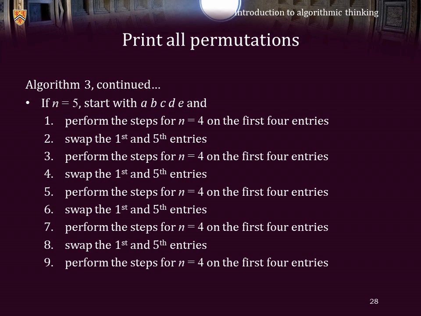Then we're going to do the same operation on the first 4, producing the next 24 entries, then swap the first and fifth. Previous algorithm again, swap the first and fifth. Previous algorithm again, swap the first and fifth. And finally, we will repeat the previous algorithm. So as you can see, this performs 24 times 5 permutations.